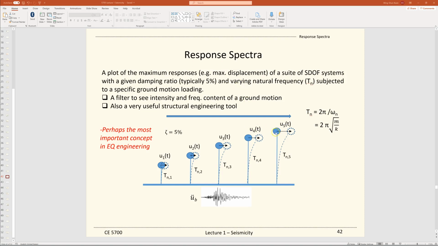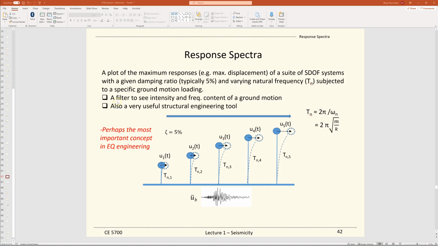Also, provided that each of the SDOF systems here has the same mass, just the lateral period, which is the length of each rod, is different. So each has its own lateral period, which can be described by these equations.